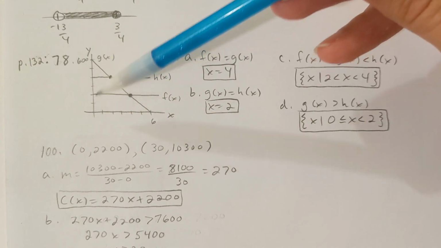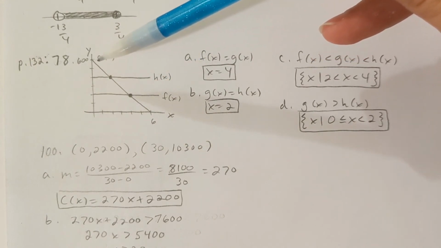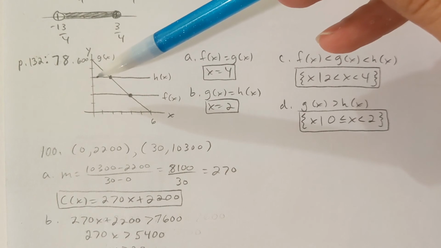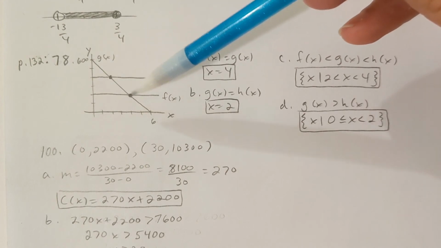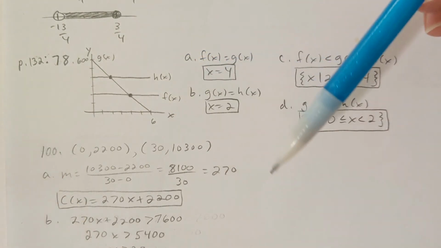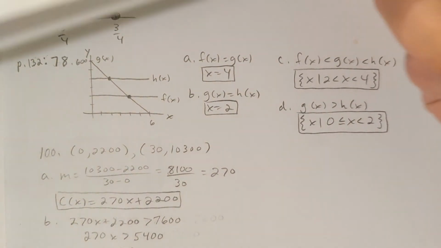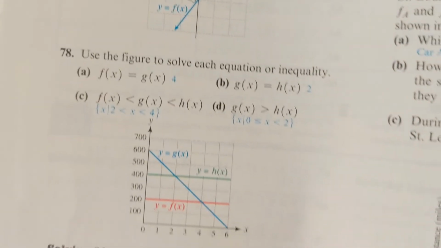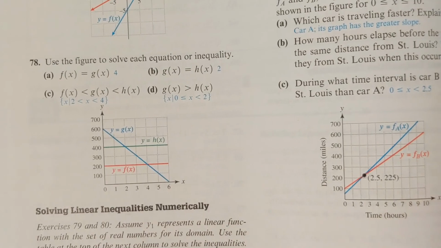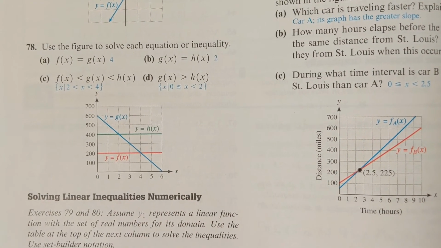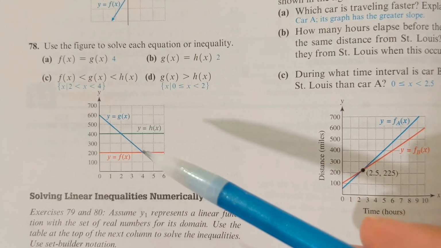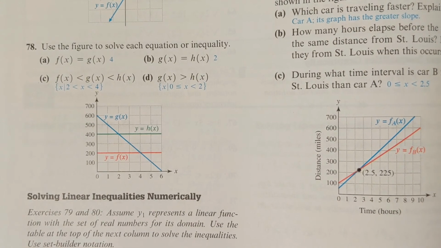So if x is 0, 600 is bigger than 400. But this graph does not include values outside the range of 0 to 6. In other words, there are no arrows on that. Okay?